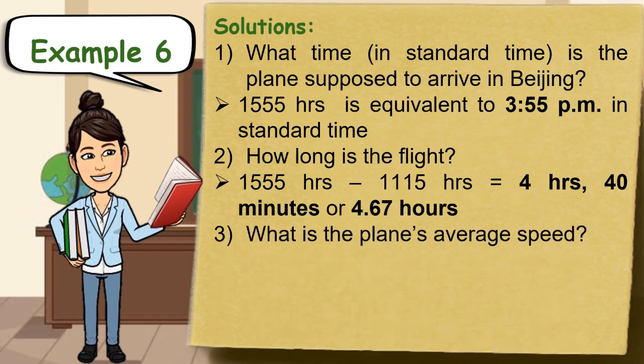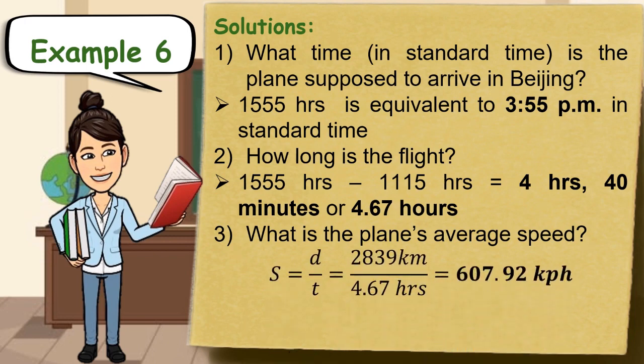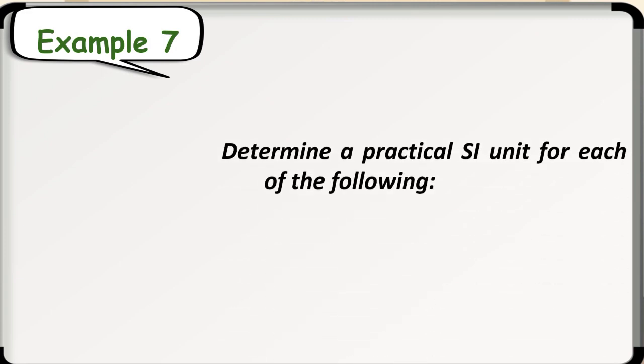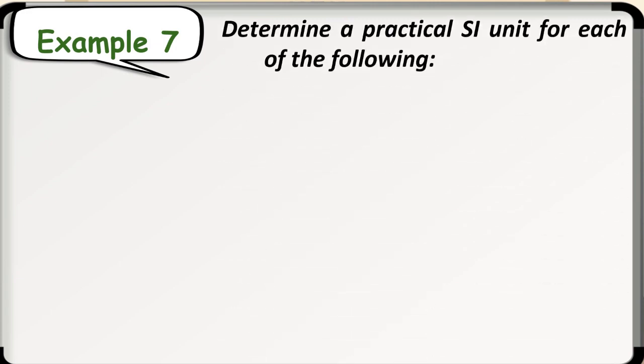And for number 3, speed is equal to distance over time is equal to 2,839 kilometers divided by 4.67 hours is equal to 607.92 kilometers per hour.